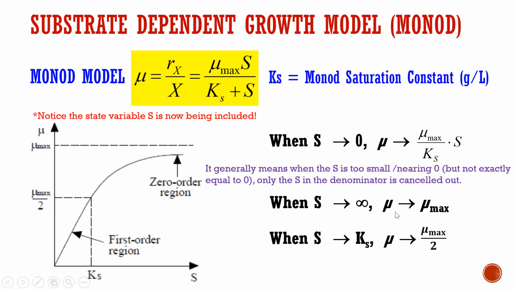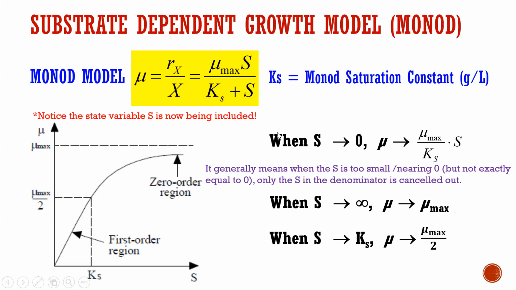Why? All right, imagine this S is a very big value, and this S is also a very big value. When S is very big, you can't ignore it, so this one is retained. But this Ks can be neglected because S is too big.